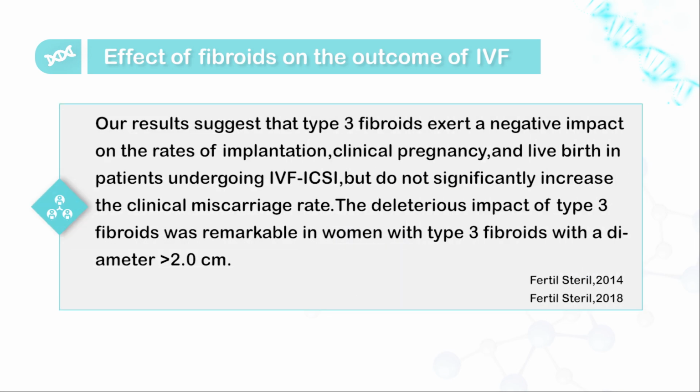Our results also suggest that type 3 fibroids exerted a negative impact on the rates of implantation, clinical pregnancy, and live births in patients undergoing IVF-ICSI, but did not significantly increase the clinical miscarriage rate. The deleterious impact was remarkable in women with type 3 fibroids with a diameter larger than 2.0 cm.